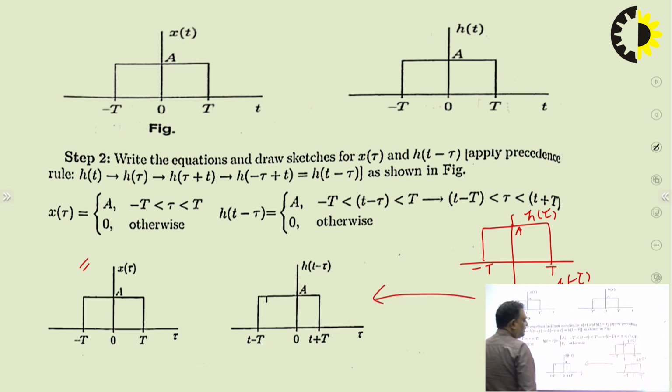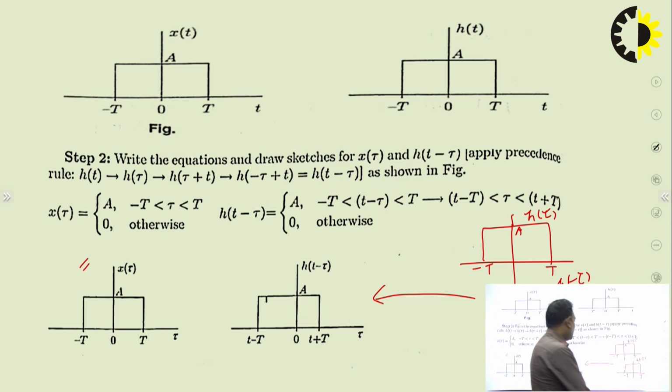When we obtain h of t minus tau, it will look like this. It means the original signal will be shifted by an amount t.